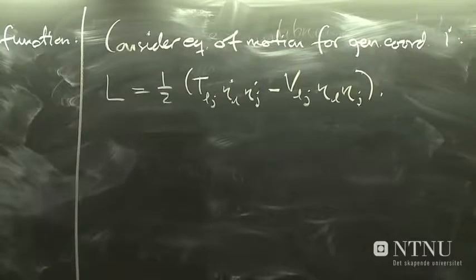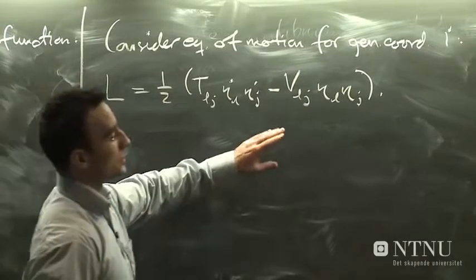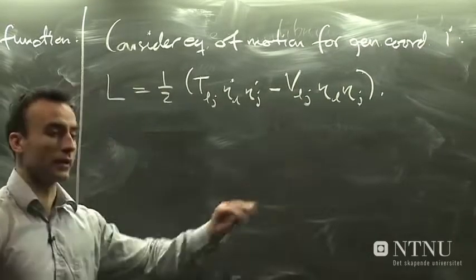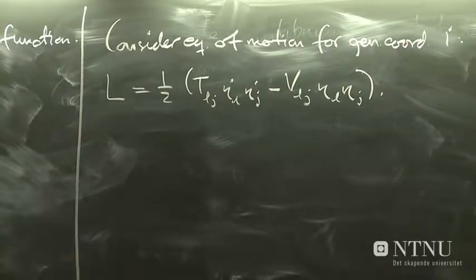So I write the Lagrangian in terms of the indices l and j, since we want to now obtain the equation of motion for coordinate i.